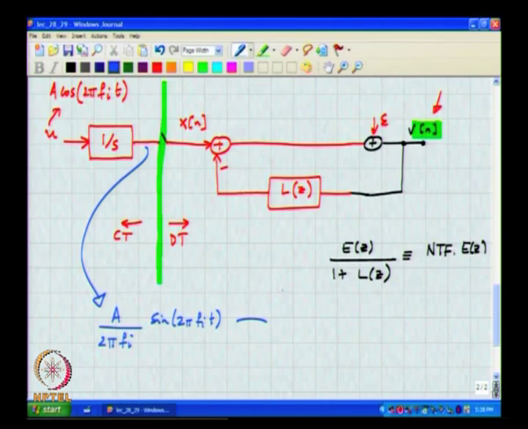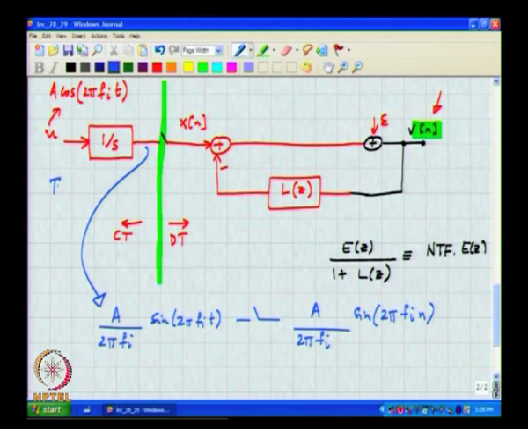So, after sampling, what will this result in? A by 2 pi f I times sin 2 pi f I times n, because I assume that Ts is 1.